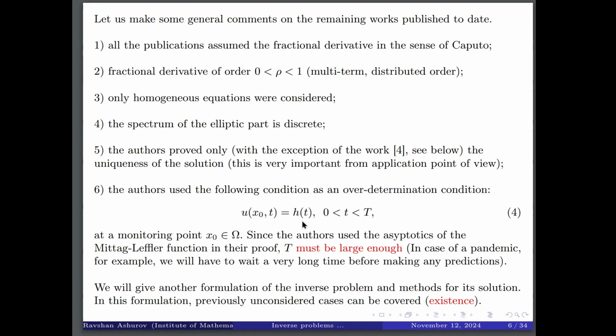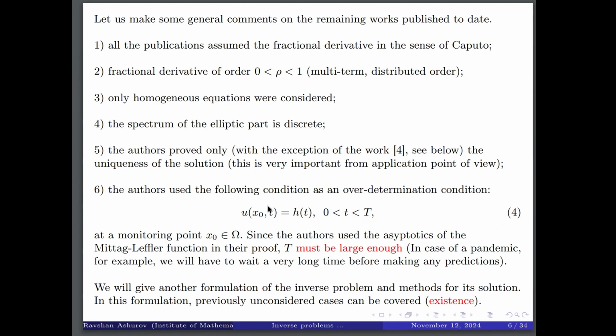Also, authors used asymptotic behavior of the Mittag-Leffler function, and that's why capital T must be large enough. On the other hand, you are looking for one number rho, and you must know only one number instead of a function, which is in condition 4. That's why this condition is not very good for this inverse problem.